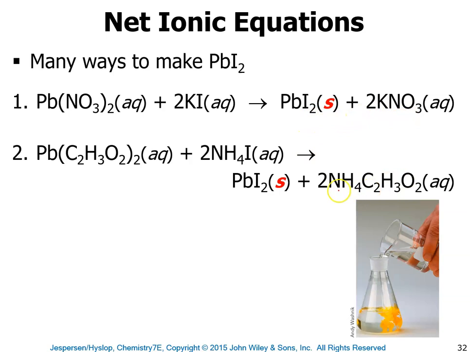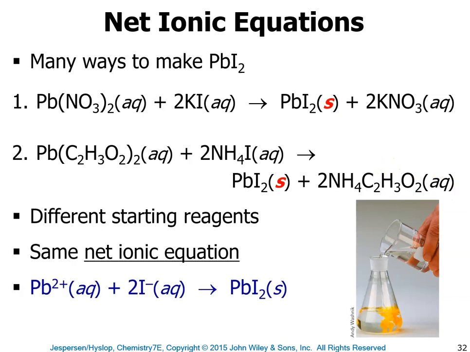Potassium nitrate and ammonium acetate, however, are still aqueous. They're still in solution. So we have different starting solutions, but we have the same net ionic equation, because if we were to break these down into their ions, we would have the nitrate ion on both sides of the equation. We'd have the potassium on both sides.